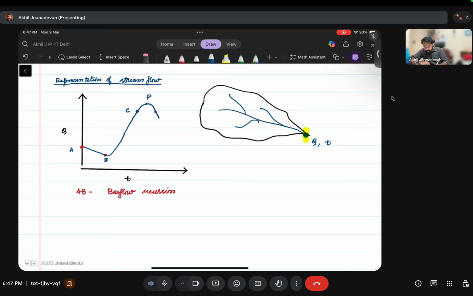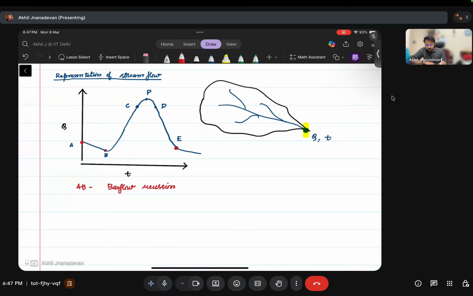Then in the recession, we have a point D, and finally it reaches a point E. So A, B, C, D, E. At this particular point E, the runoff, the entire water, has reached this point.